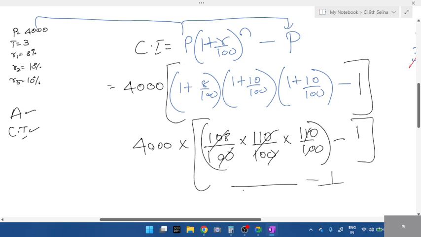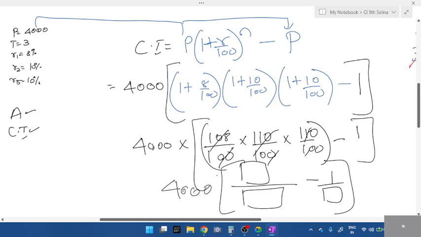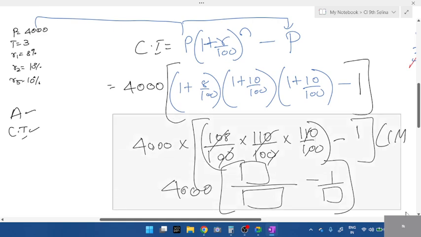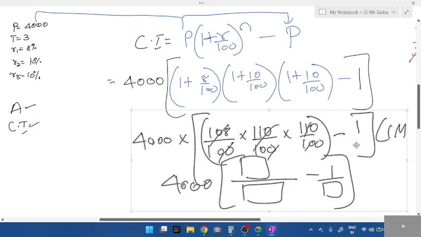Then you'll get a value here. Then you have to take LCM. Once you take LCM, solve everything. Then you have to multiply with 1,000. So this LCM part is going to be tough for the minus 1 method. Is this clear? Did you understand? The LCM part will be tough.